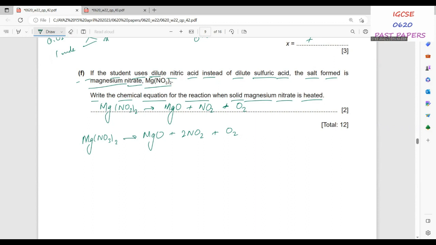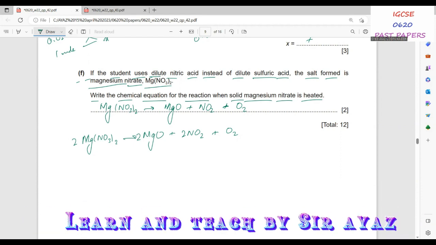So we have 7 on the product side. So you have to place 2 before Mg(NO3)2. Now, in order to balance magnesium, I have to place 2 before MgO. What about NO2? I have to put 4 instead of 2.